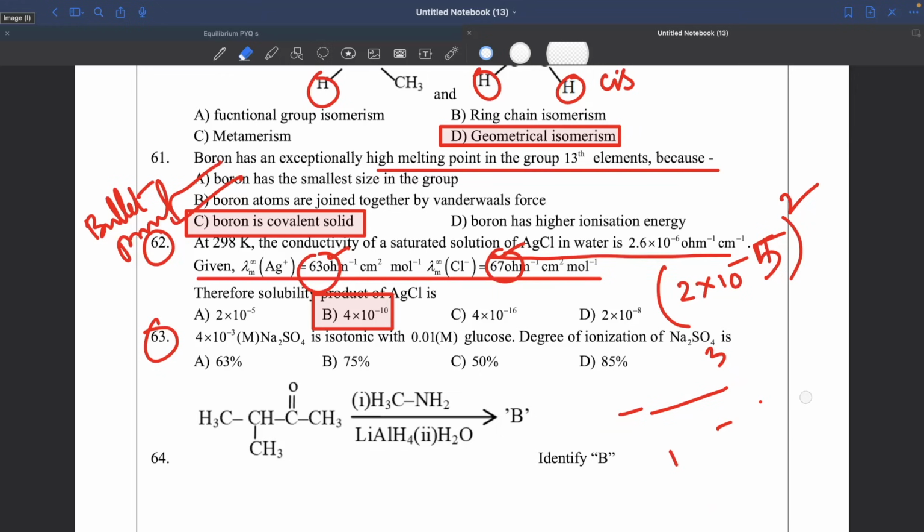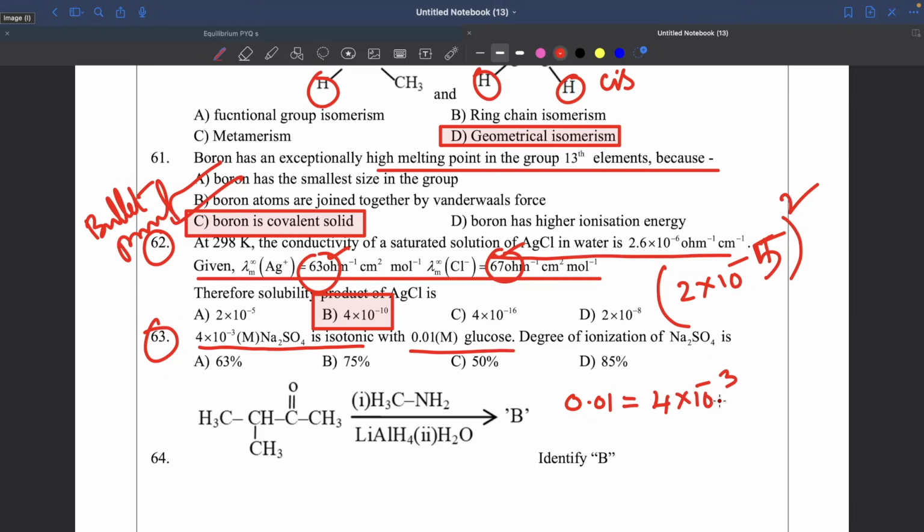So in 63, what shall we do here? So 4 into 10 power minus 3 molar Na2CO3 solution is isotonic with 0.01, degree of dissociation is how much? So the concentration 0.01 equal to concentration of it is 4 into 10 power minus 3 into 1 plus 2 alpha, 1 plus 2 alpha, because 2 moles of ions will be given.